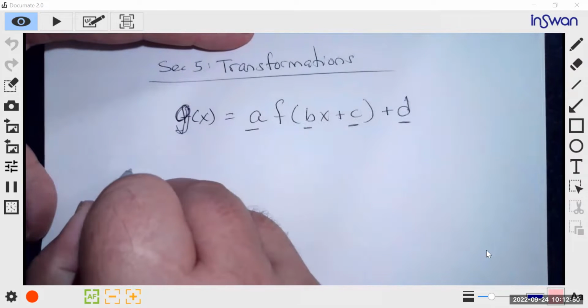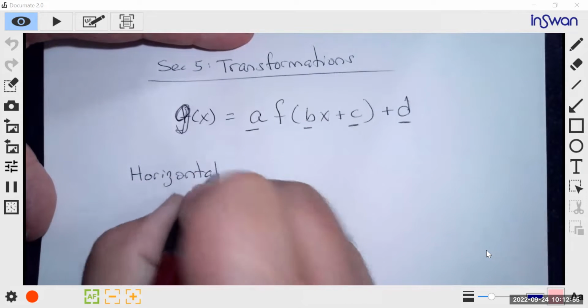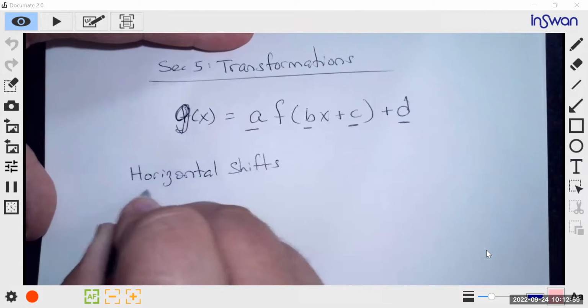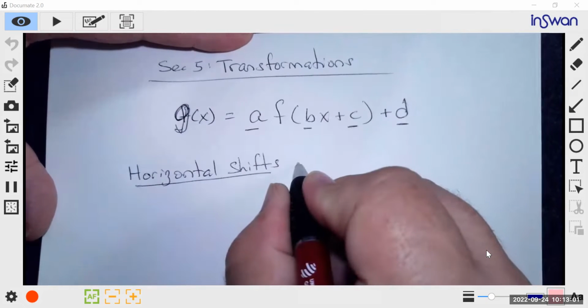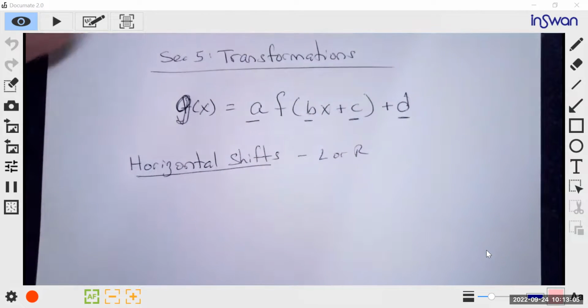Let's look at the first one. Let's look at horizontal shifts. In other words, that's either a left or right shift.